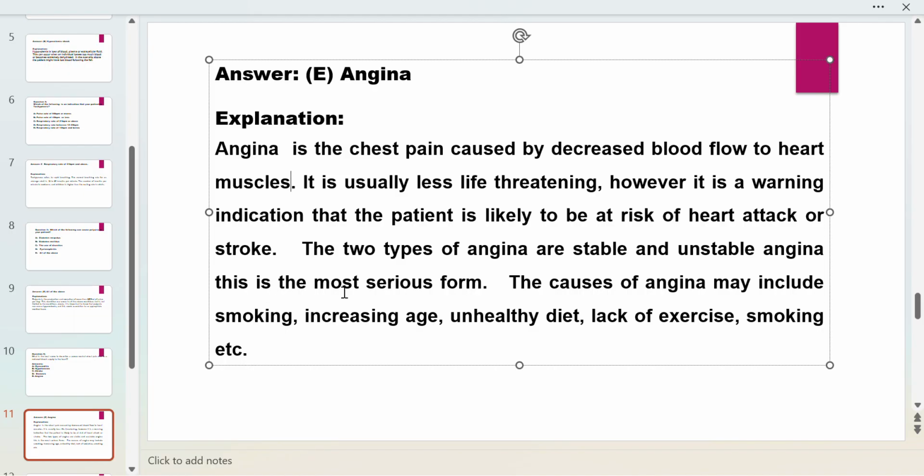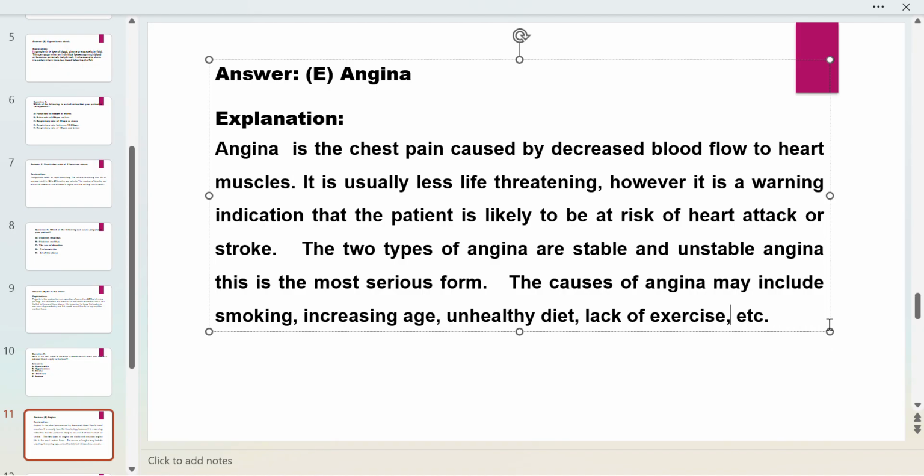Unstable angina is the most serious form. The causes of angina may include smoking, increasing age, unhealthy diet, lack of exercise, smoking. So, she's put the smoking twice. So, smoking, increasing age, unhealthy diet and lack of exercise.